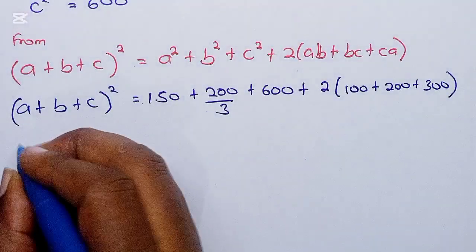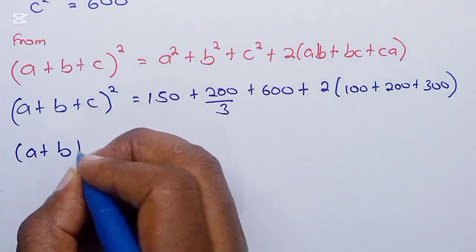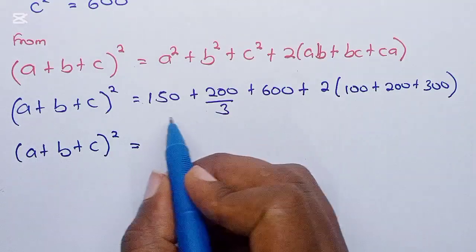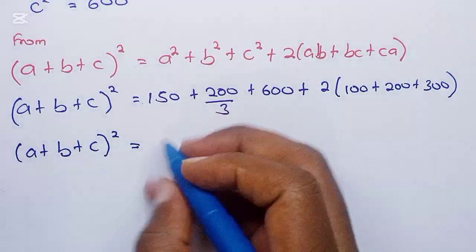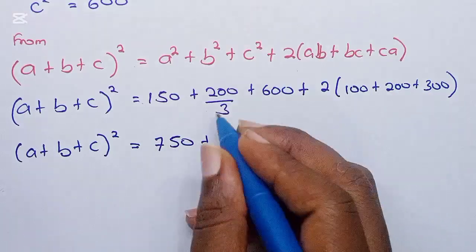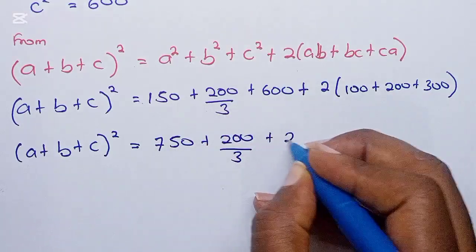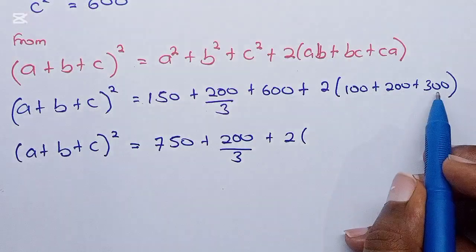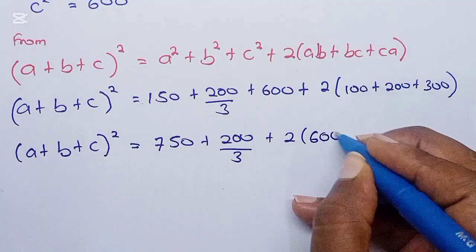Okay, so we shall have A plus B plus C all squared being equal to 150 plus 600 gives us 750 plus 200 over 3, then plus 2 into 100 plus 200 is 300, 300 plus 300 is 600.